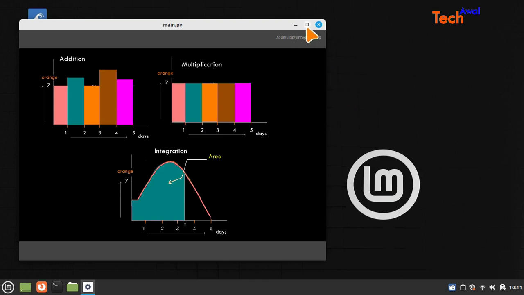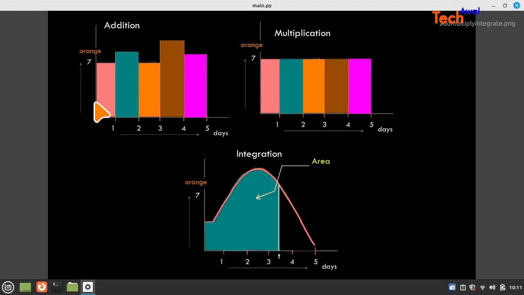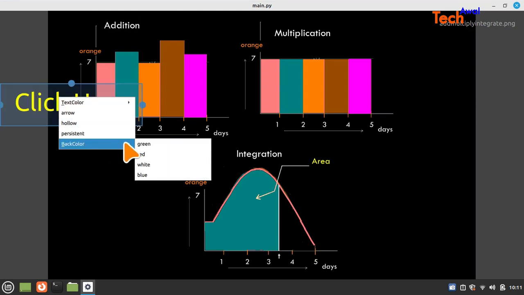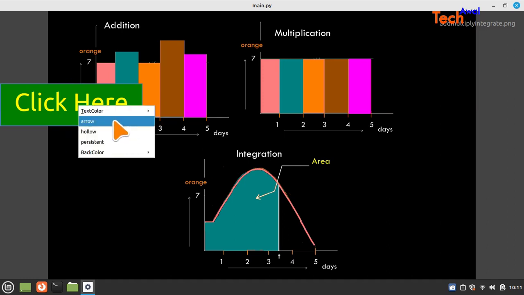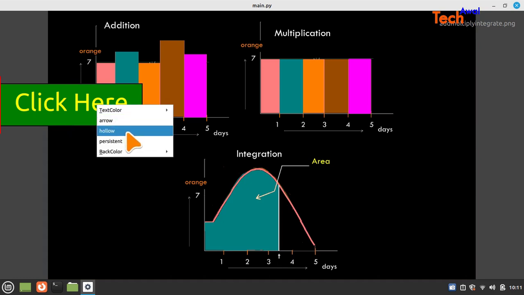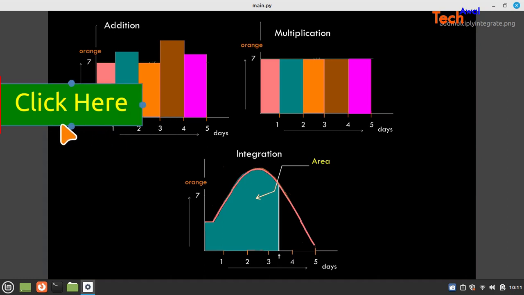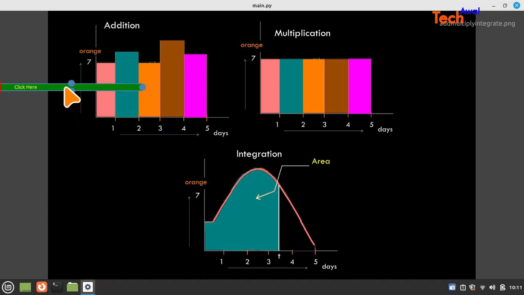So we have a time interval 1, 2, 3, and we have a collection.